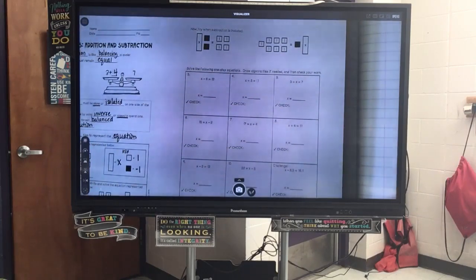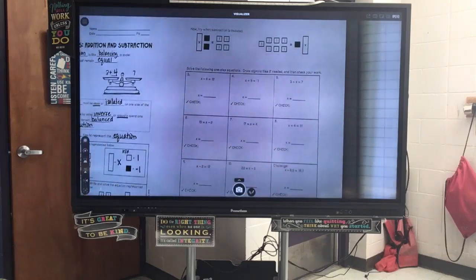Go ahead, have a seat. Alright, so who would like to tell me what the equation is for the first one? Thank you for volunteering, Will.